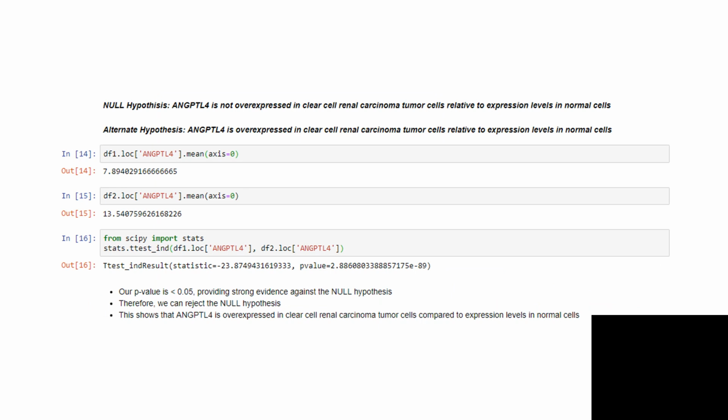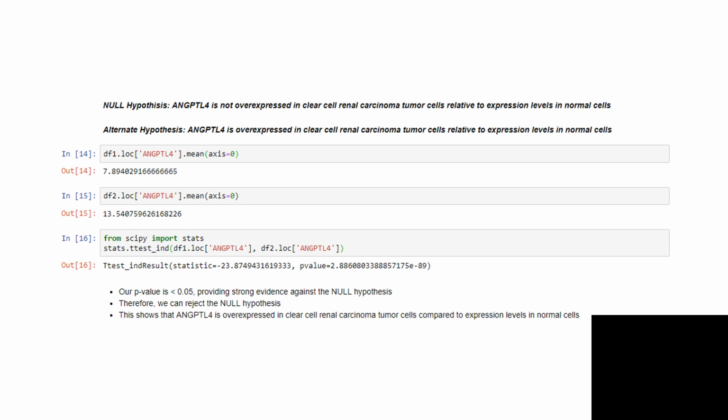And here is the way I formulated the hypothesis. The null hypothesis is that ANGPTL4 is not overexpressed in clear cell renal carcinoma tumor cells relative to expression levels in normal cells. The alternate hypothesis is that ANGPTL4 is indeed overexpressed in kidney cancer cells relative to normal cells. As we see, our p-value is extremely small.